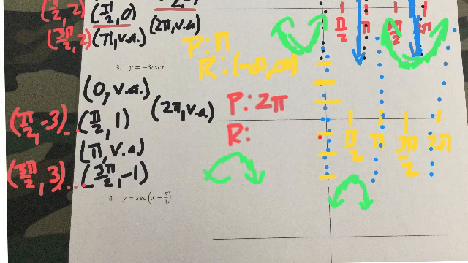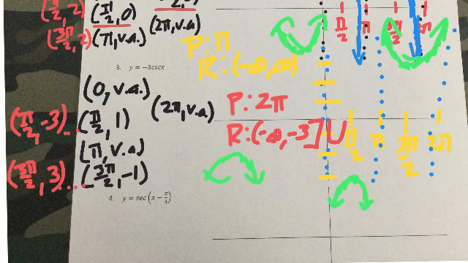So this in between is not part of the range. So when I state the range for this graph, it would be from negative infinity to negative 3, and that's included in a brace. And then I would need to union, and the graph starts back again at 3 up to positive infinity in parentheses because infinities aren't included.